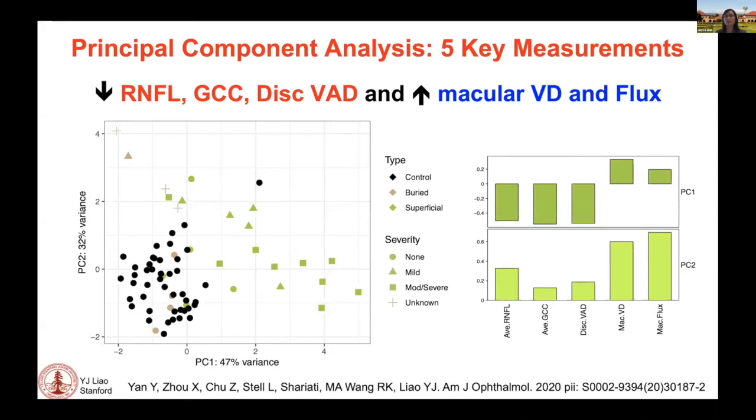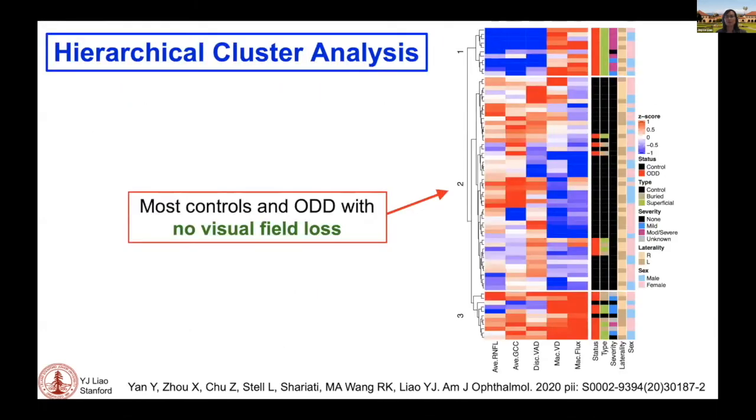Interestingly, an increase in the macular vessel diameter and increase in blood flow to the macular area, so away from the optic disc, but greater perhaps overall in the retina elsewhere, seems to correlate with vision loss. And so with the hierarchical cluster analysis, we see that patients segregate into 3 groups.